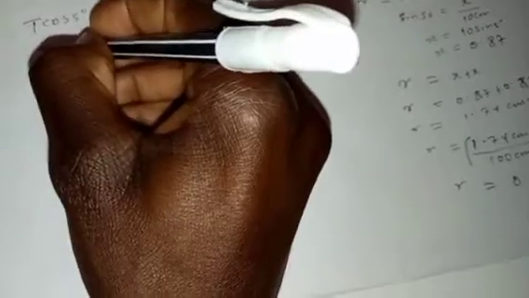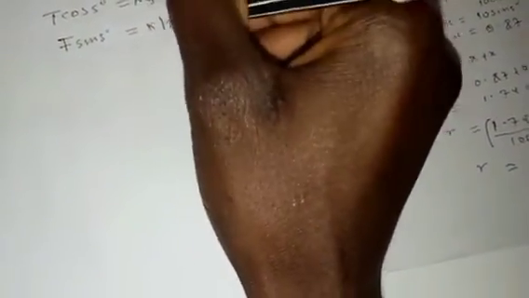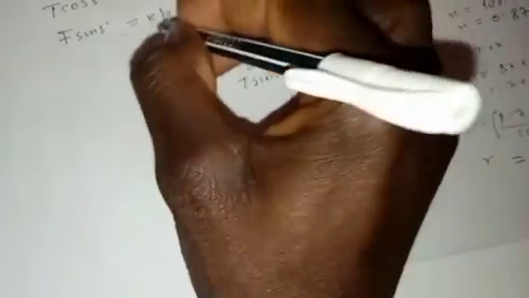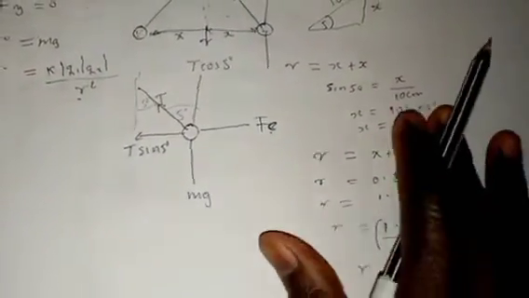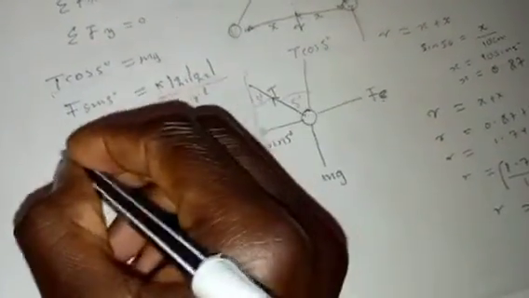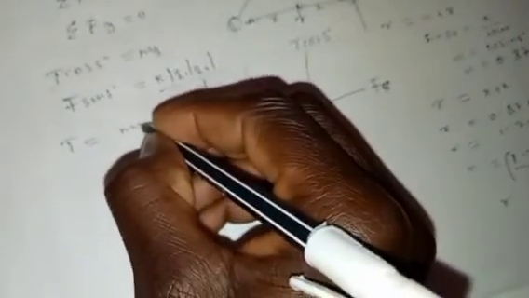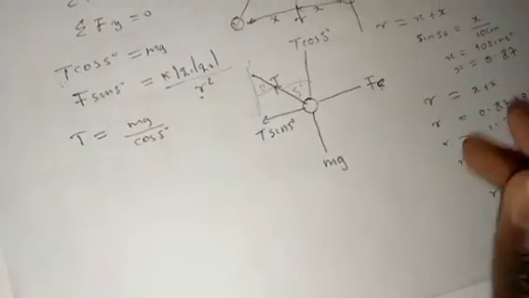So T sin 5 in the x-axis has to be equal to the electric force, which is given by the formula k Q1 Q2 over r square. This r which is here is the distance we are finding. Then you can make T the subject of the formula from here. You're going to have T equal to mg over cos 5 degrees.